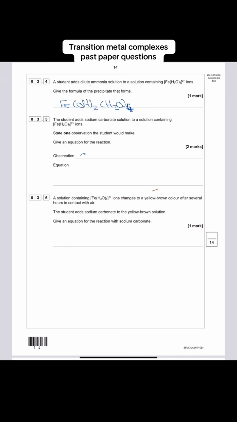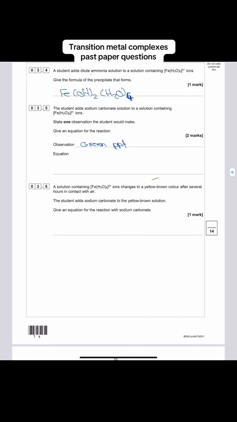So the observation here is that a green precipitate will be formed. And then the equation simply is the [Fe(H2O)6] 2+ plus the carbonate. That will give the iron carbonate plus the 6 water molecules, and that's a green precipitate.